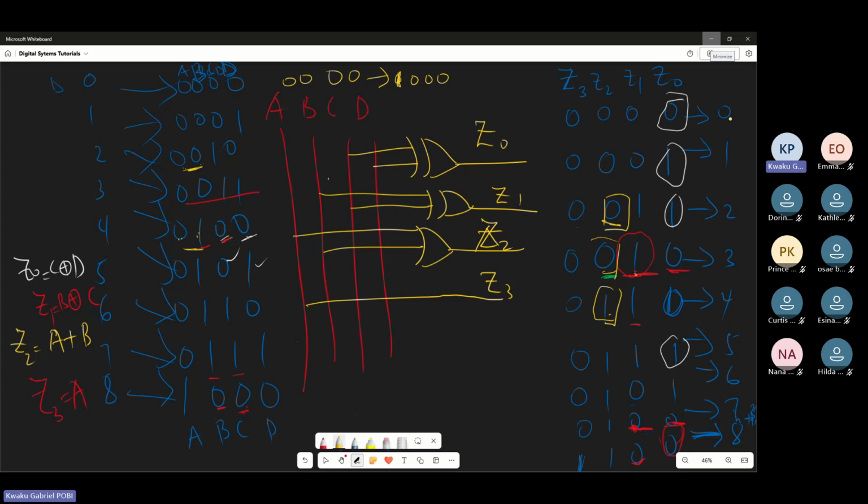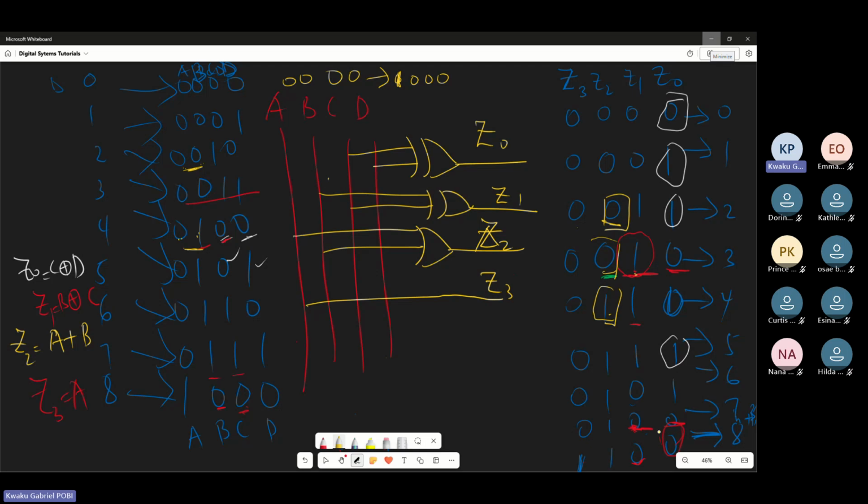This was a 0, so you just write 0, 0, 0, 0. This was a 1, you write 0, 0, 0, 1. This is 3, so 0, 0, 1, 1. And 1, 1, 0 is 6. This is 7, this is 5. There's 4, and then there's 12.